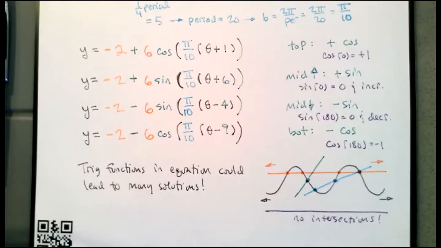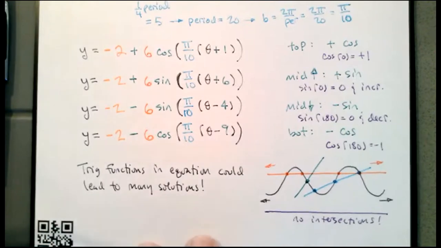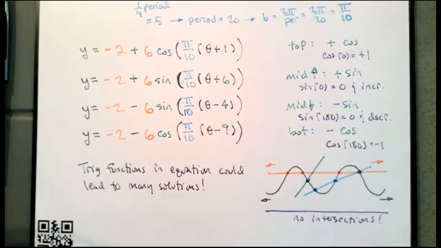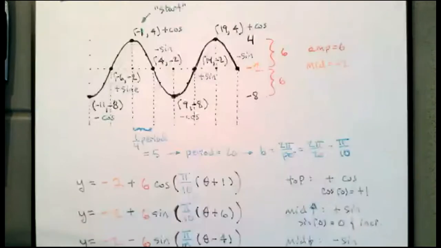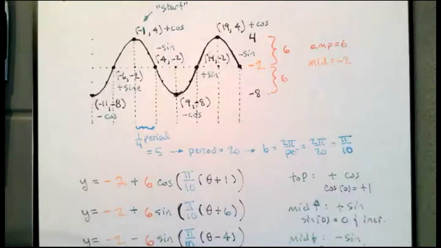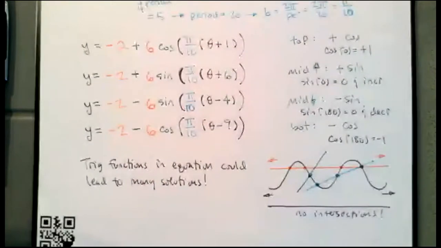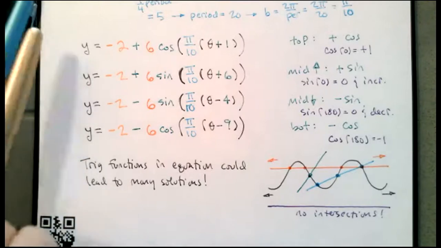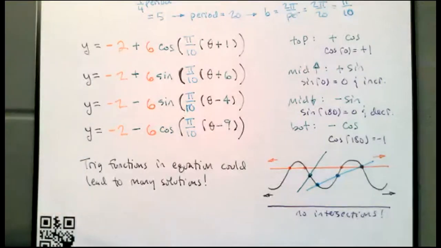Here's another thing that we want to observe from this. Notice that I've taken these 4 functions, even though we could have written many more. Here are 4 functions that represent the same graph. Many functions, one graph. And 2 of these functions are cosine and 2 of them are sine. So another thing that we notice is that trig functions are related.